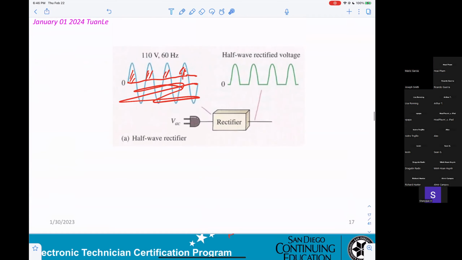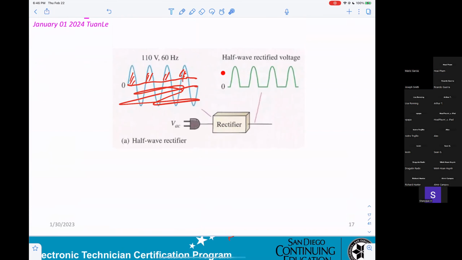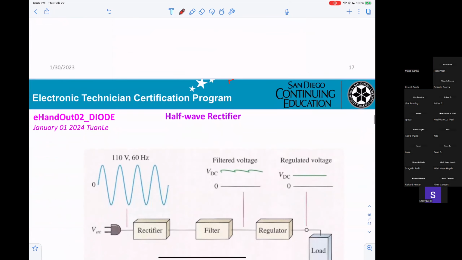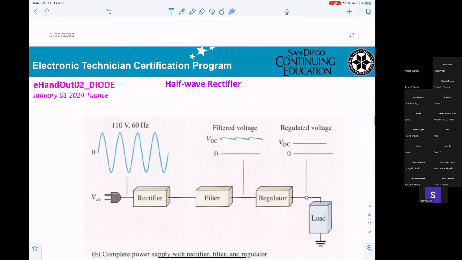You can see they get the DC voltage here, only DC right here. A little bit on the top, you can see what it looks like. That means on top of the DC voltage, you get this signal. That's what they call a ripple.